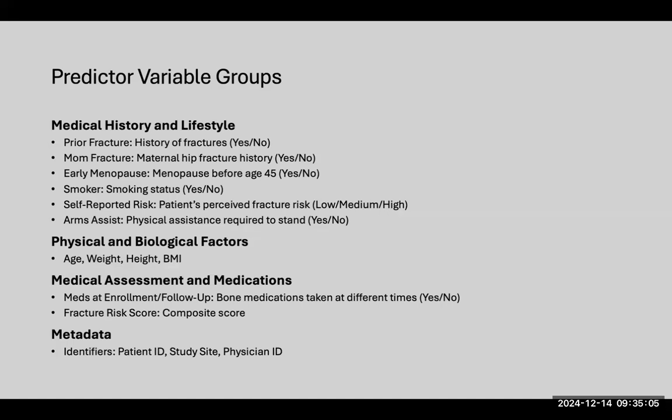Then there are physical and biological factors, which are numerical: age, weight, height, and BMI, which is a composite variable of weight and height. Then medical assessment and medication. So did you take medication at enrollment, at follow-up, or both? Yes or no. And then there's a fracture risk score, which is a composite score. And this is numerical. And then there are, as I told you, some metadata identifying variables.